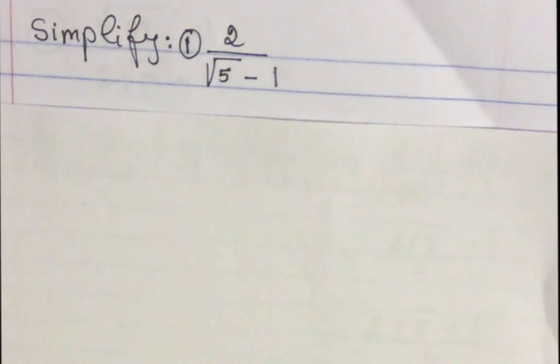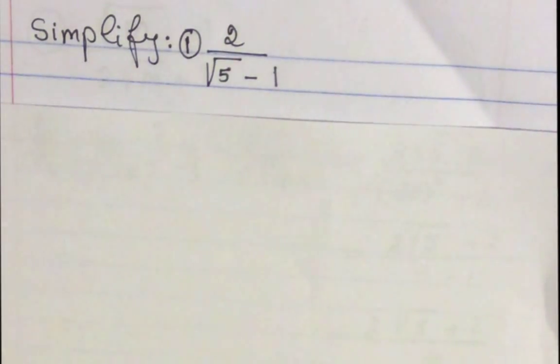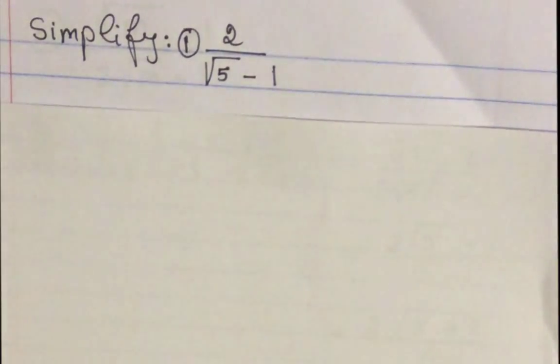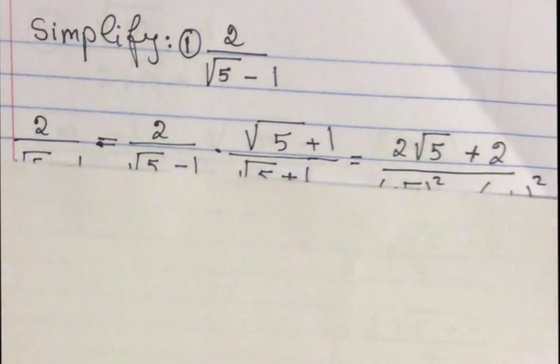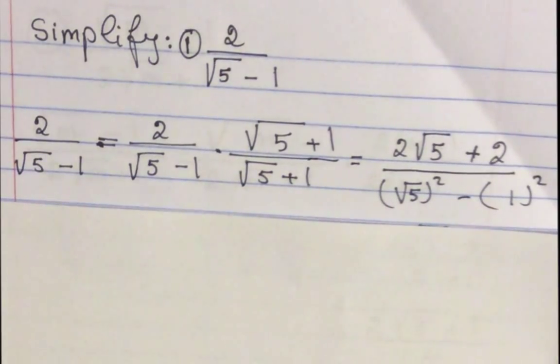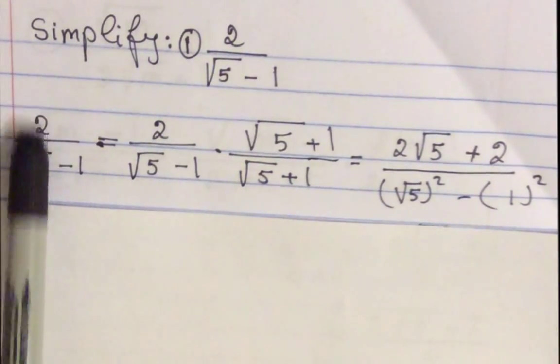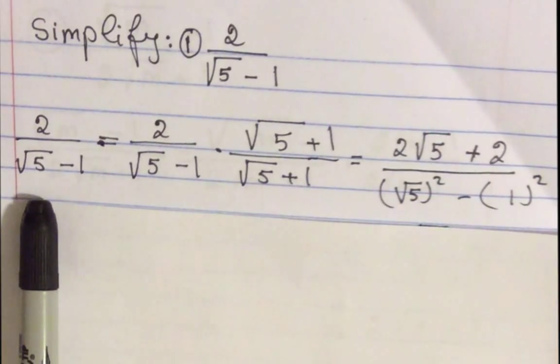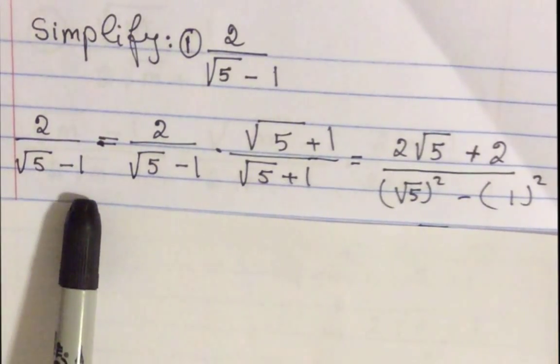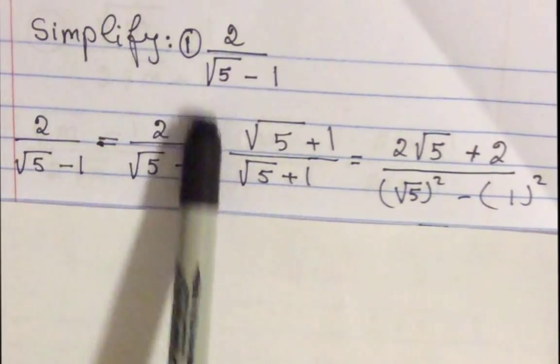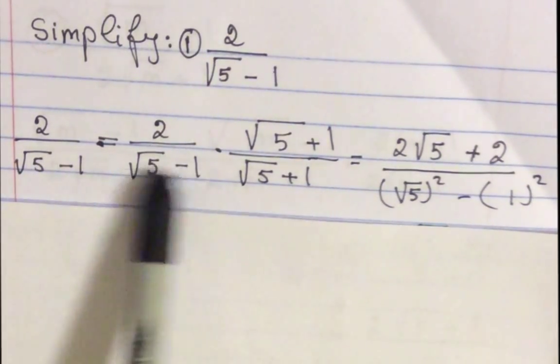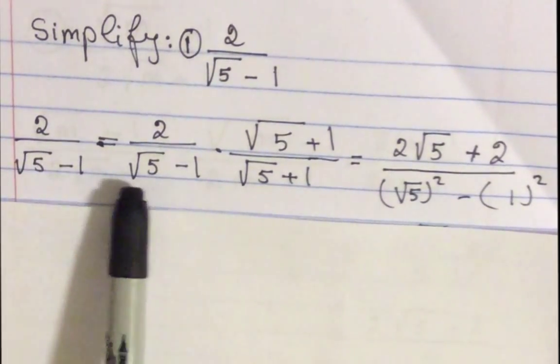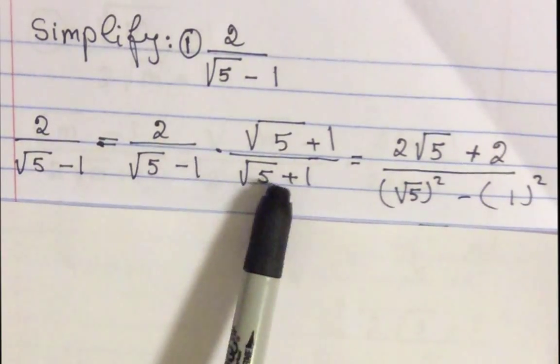The second condition is satisfied, but the problem itself looks like a fraction and the denominator has radicals, so that's not the simplest form. So we need to get the conjugate of this and multiply by it so we can simplify the problem. So I'm going to copy the problem one more time. 2 over square root of 5 minus 1 equals, we're going to write the original fraction, then to rationalize the square root of 5 minus 1, you need to multiply it by the conjugate.